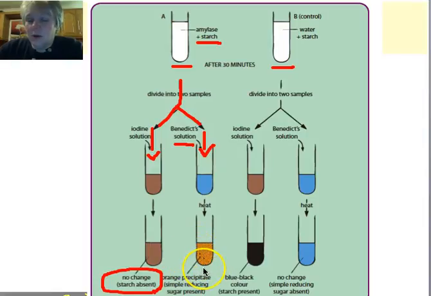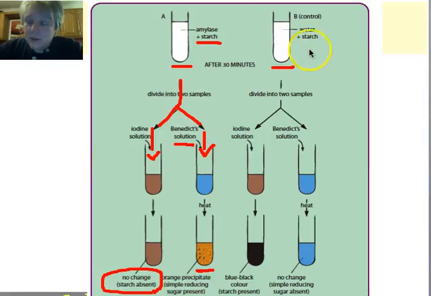It's actually more like a brick red colour, but it will turn that colour if maltose is present. And you'll see that in this test tube, maltose appears. Now this is showing you that amylase breaks down starch, or amylase is specific for starch.